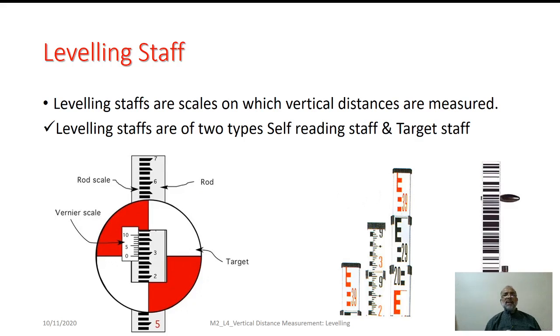The staffs can be of two types. One is self-reading type, another one is target type.